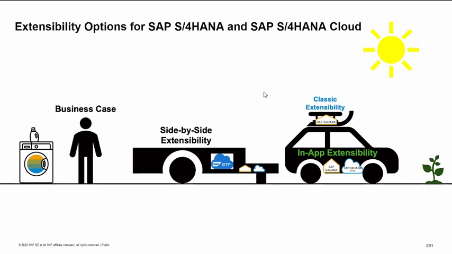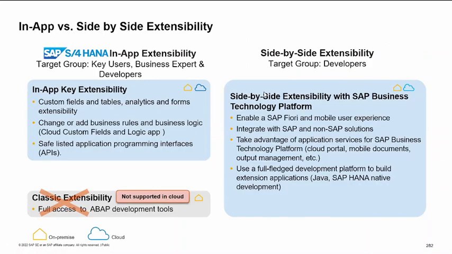What we mean with classic extensibility is the possibility to have access to the ABAP Workbench SE80 transaction, for example, in the backend system, to modify the backend system, and this is not possible in SAP S/4HANA Cloud.